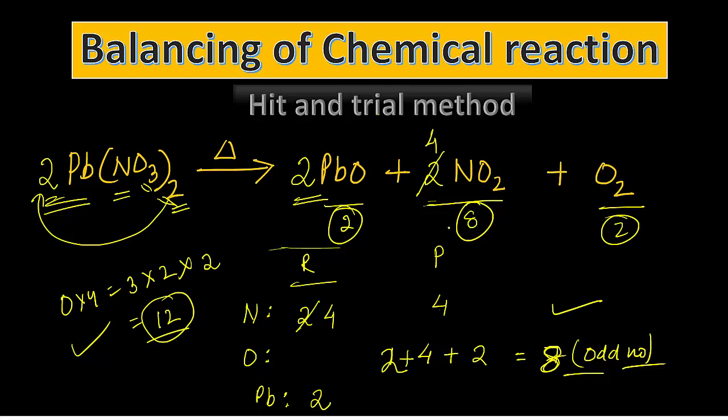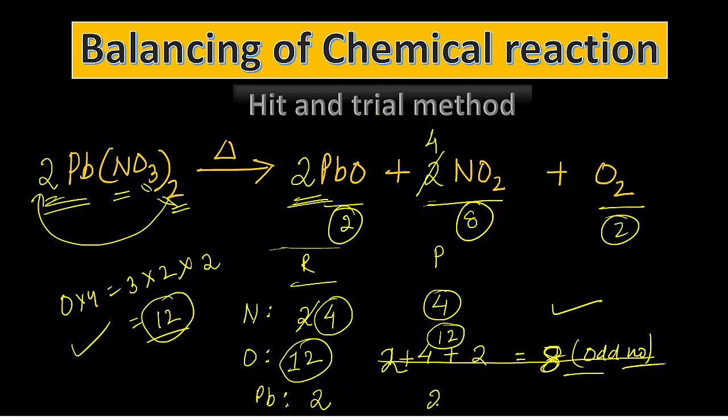Okay, so 8 plus 2 plus 2, that is 12. Okay, so oxygen atom is balanced. So we will cut this whole thing and the number of oxygen atom in the product will be equal to 12. So nitrogen is balanced, oxygen is balanced, and lead, how much lead is there? This is also 2. This is the balanced chemical equation.